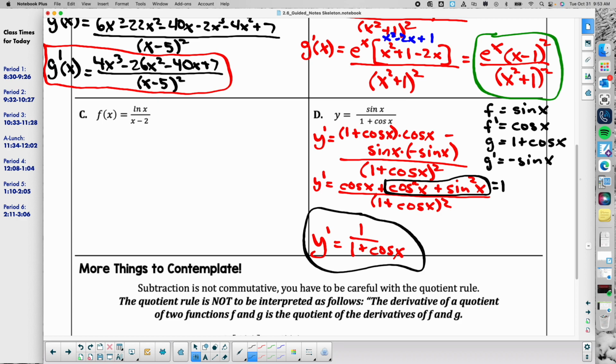Now, I wanted to write all 6 to see if you recognize the pattern. Sine, cosine. Tangent, cotangent.